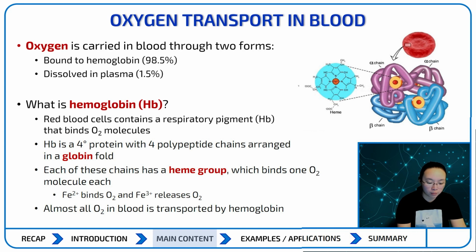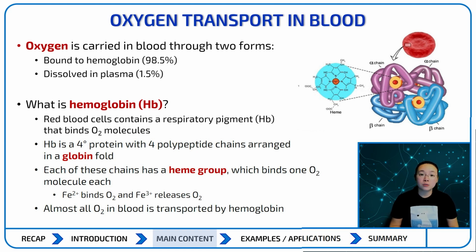There are 4 polypeptide chains arranged in what's called a globin fold. So there are 2 alpha chains and 2 beta chains. Every single one of these chains has a heme group, which binds 1 oxygen molecule each. So we have this in orange here, 1 heme group, and then it's bound to 1 oxygen molecule.